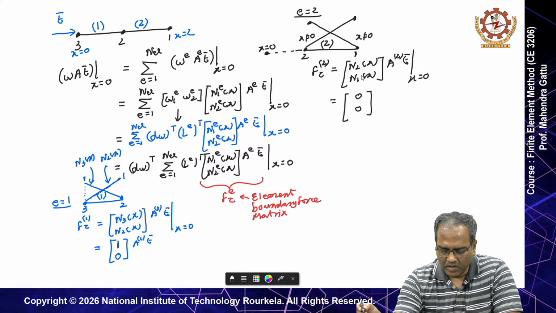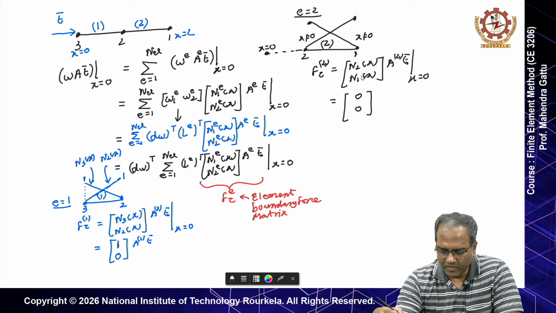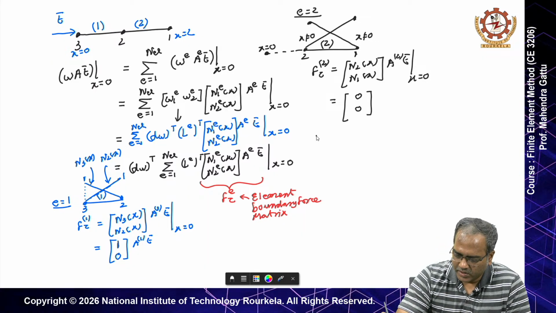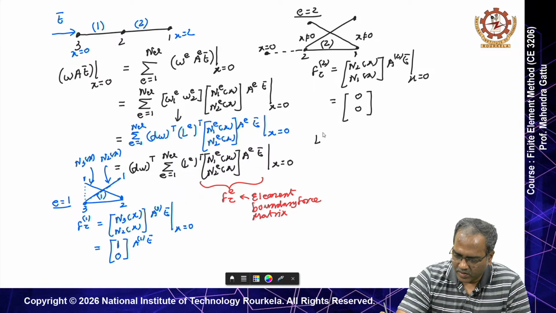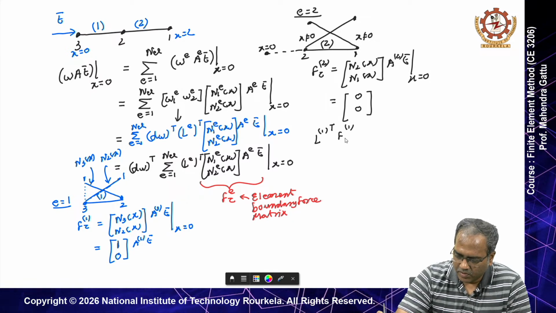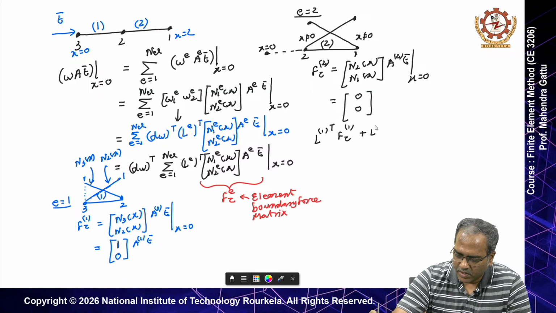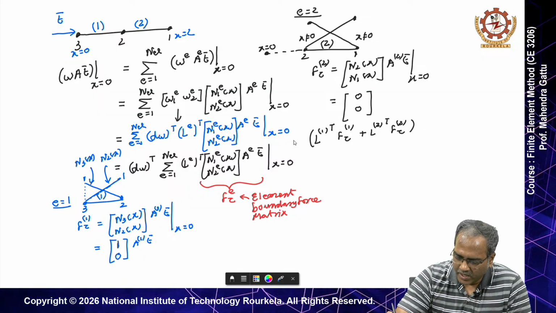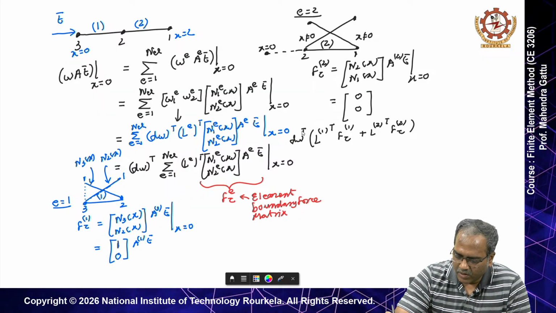So, effectively we can multiply this: L1 transpose F1 tau plus L2 transpose F2 tau, and then we can take the dW term out.